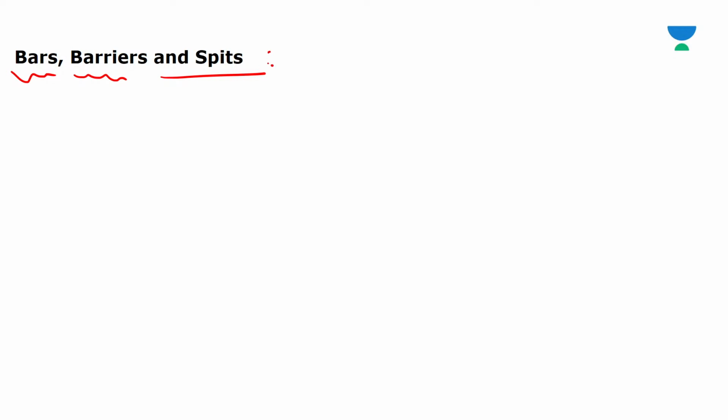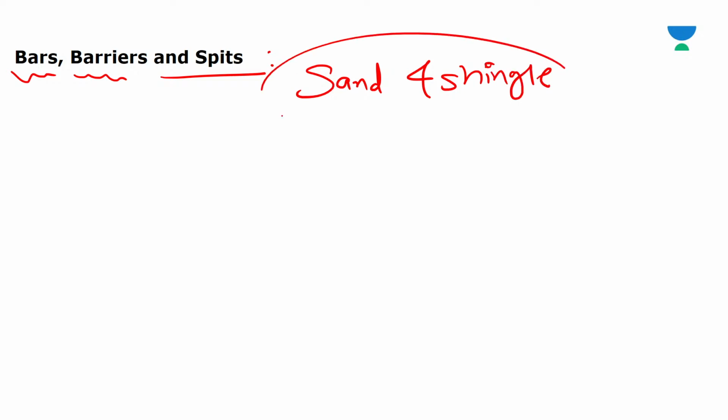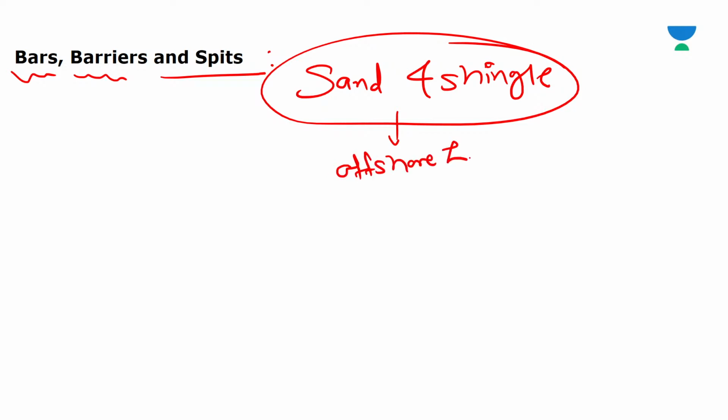Now friends, a ridge of sand and shingle formed in the sea in the offshore zone, lying approximately parallel to the coast, is called an offshore bar.